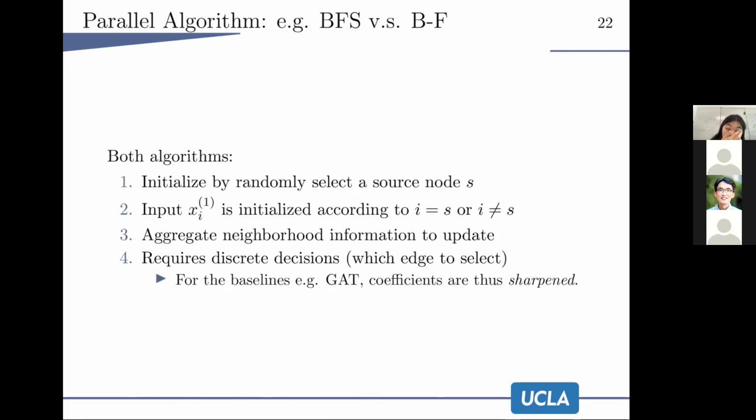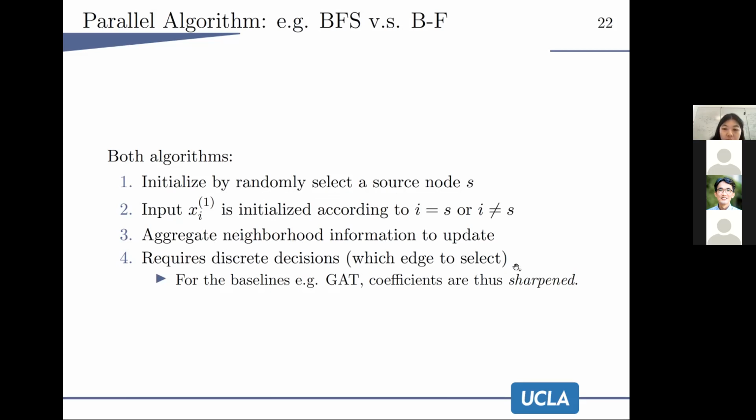In the previous examples we mentioned, the algorithms can easily be parallelized, and both algorithms are initialized by randomly selecting a source node, and later on aggregating neighborhood information and requiring discrete decisions.